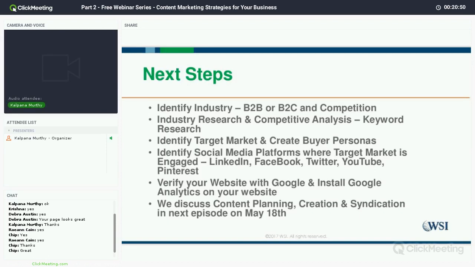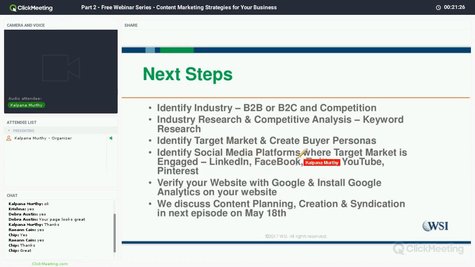The first one was to identify your industry, B2B or B2C, or sometimes it's both. Also identify your competition, do industry research and analysis, and build buyer personas, depending on what challenges they have in their personal or business life and what kind of solutions they are looking for to be effective in their job, or how to really solve their problem in their personal life if they're looking for a product or service.